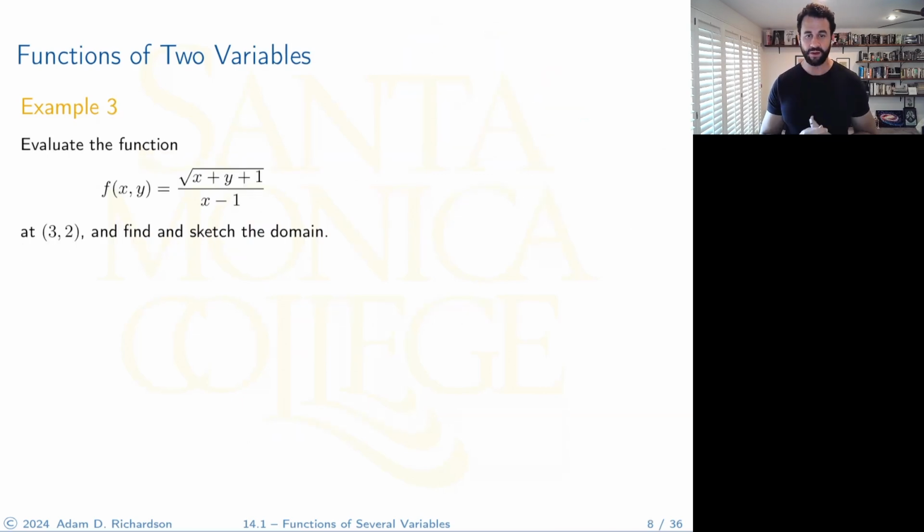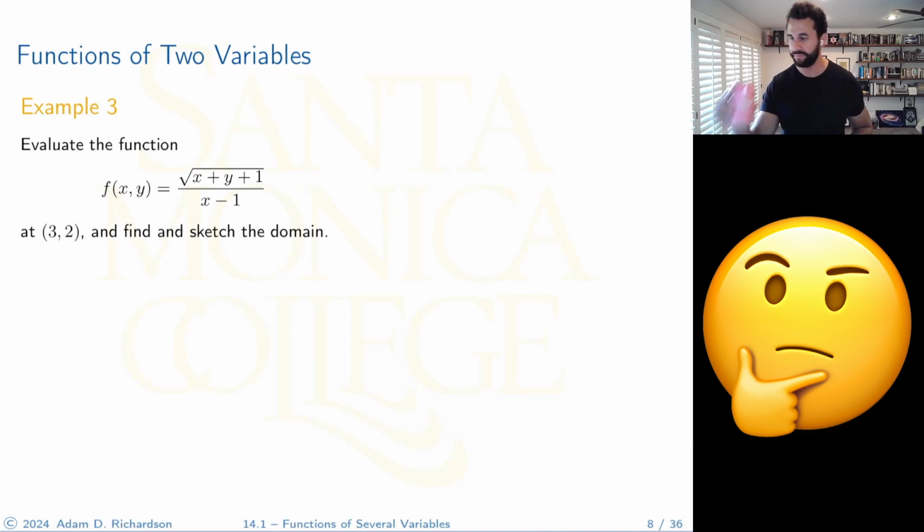Okay, all right, so now let's look at some more examples. Here's a two-variable function, f of x comma y. We're going to evaluate the function at the point 3 comma 2, and then we're going to find and sketch the domain of the function. This is one I do want you to try on your own before I go into it, so think about it for a minute.